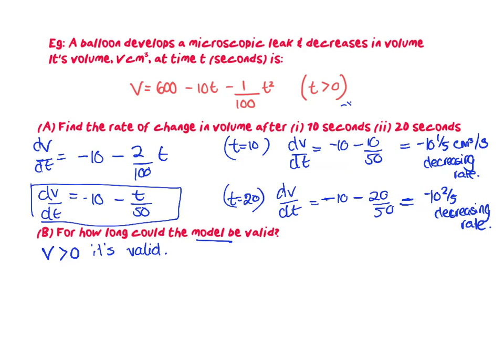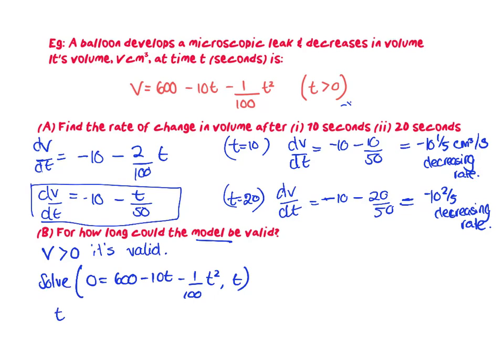So you can probably do this on your calculator, and we'll just put solve, and we'll put 0 for the volume, and we'll put 600 minus 10t minus 1/100 t squared, comma t, and we'll solve for t.